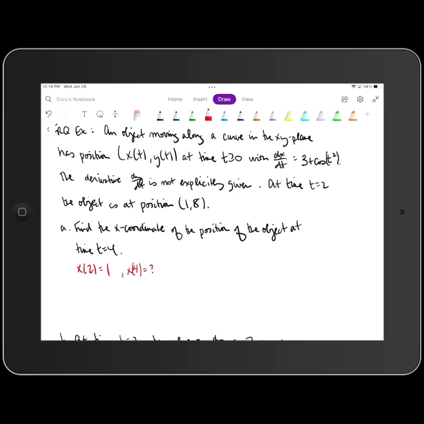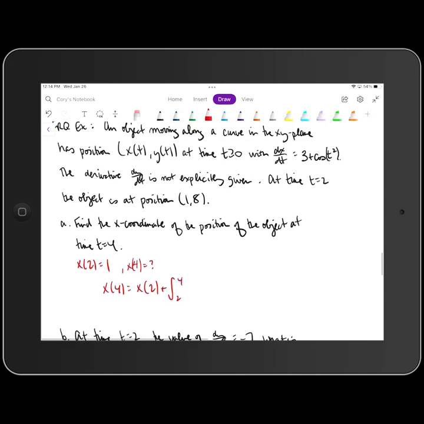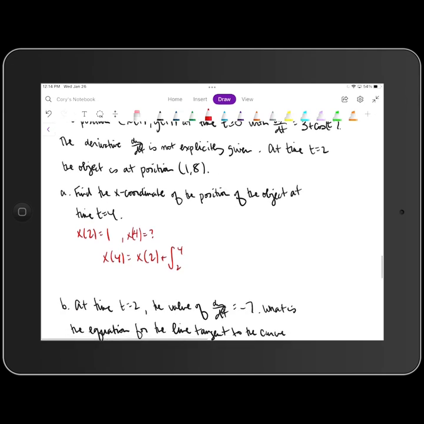Okay, so this is a net change theorem problem. If we want to calculate x of 4, that's going to be equal to the initial position x of 2 plus the integral from 2 to 4 of dx/dt, which is 3 plus the cosine of t squared, integrated with respect to t.